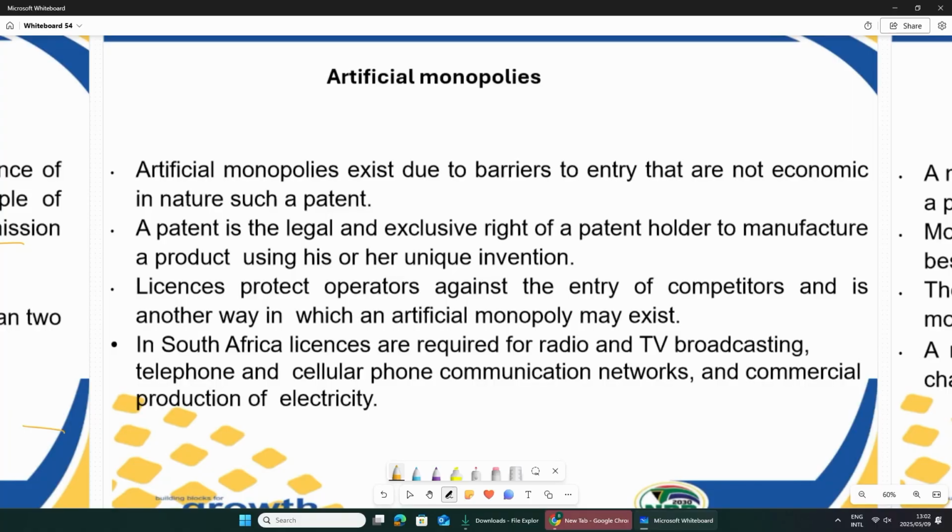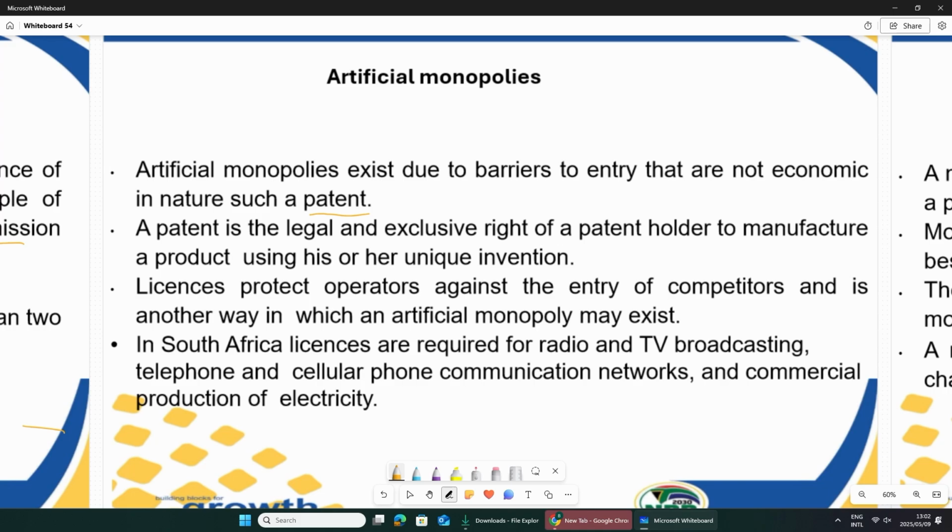With an artificial monopoly, the barriers to entry are not economic in nature, which means that in this case, the other businesses or sellers might have the startup money or the capital, but the barriers to entry this time are not economic in nature. These barriers to entry can be a patent right. So you do not have this patent right to produce a certain product.